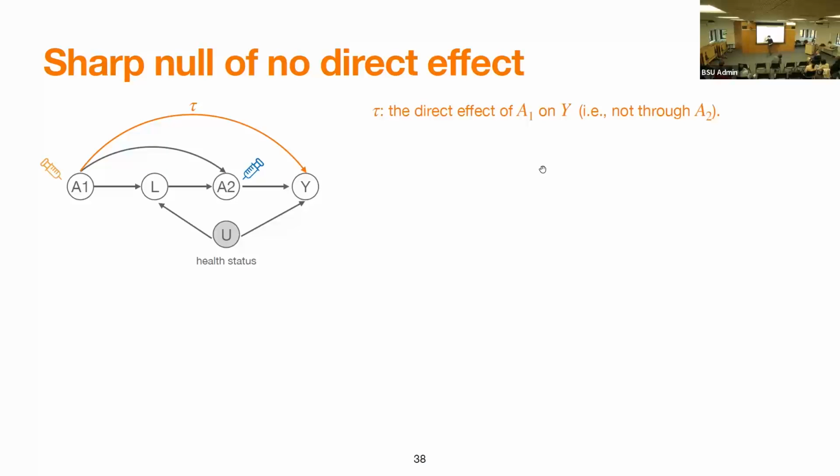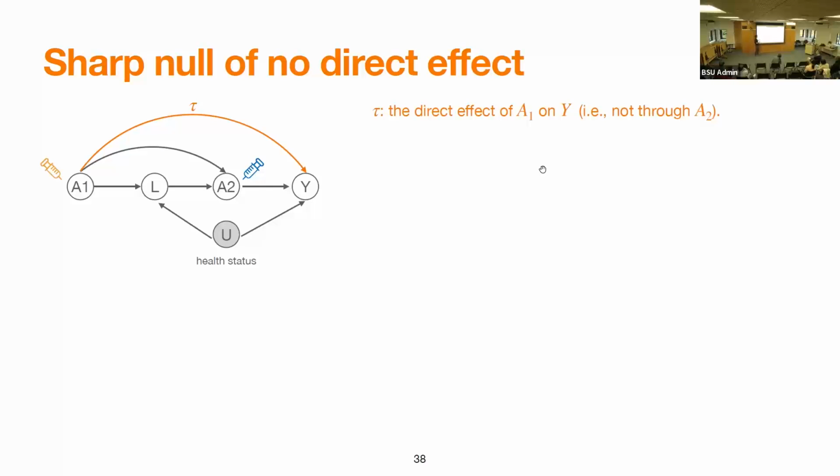So the scientific question here is, suppose I have the data from such a study. I want to see if the first treatment has any direct effect at all on the final outcome. Why is this a problem? Because you could imagine A1 is a drug that has some side effect, and A2 is only assigned, conditioned on your outcome, to aid the side effect.